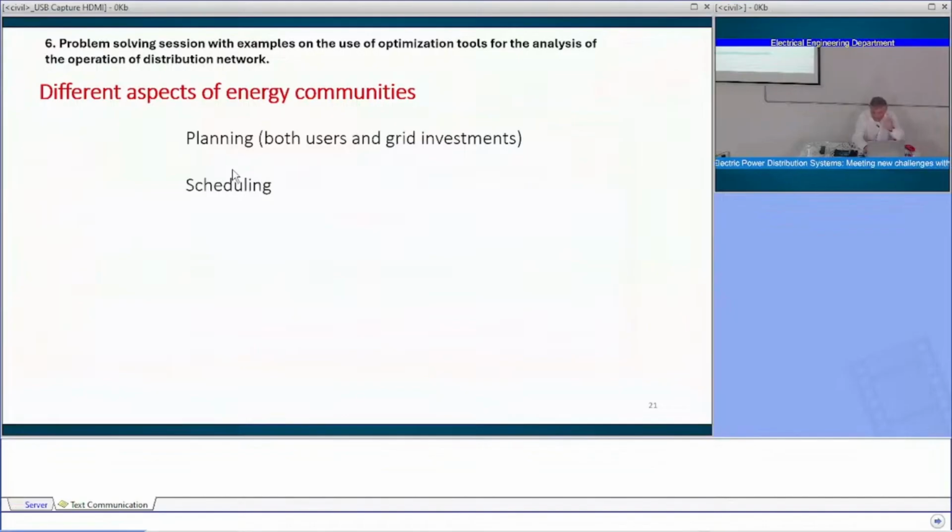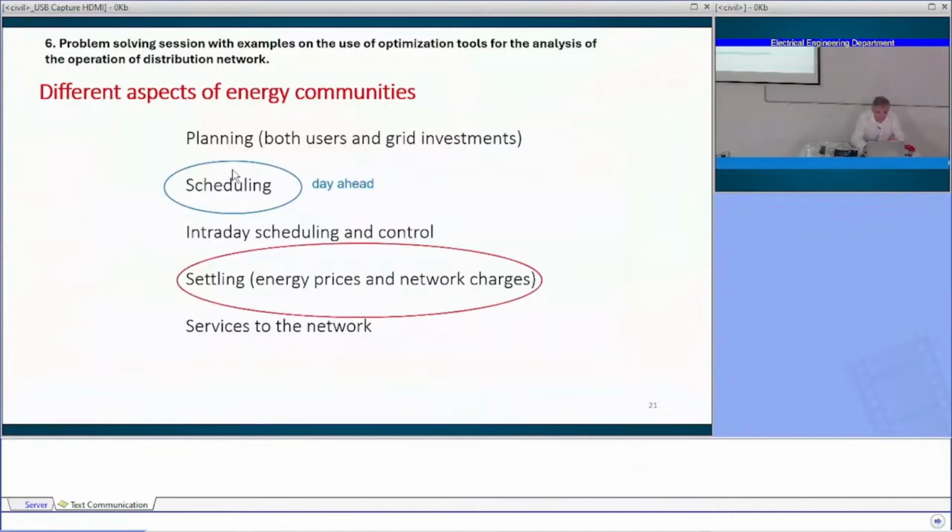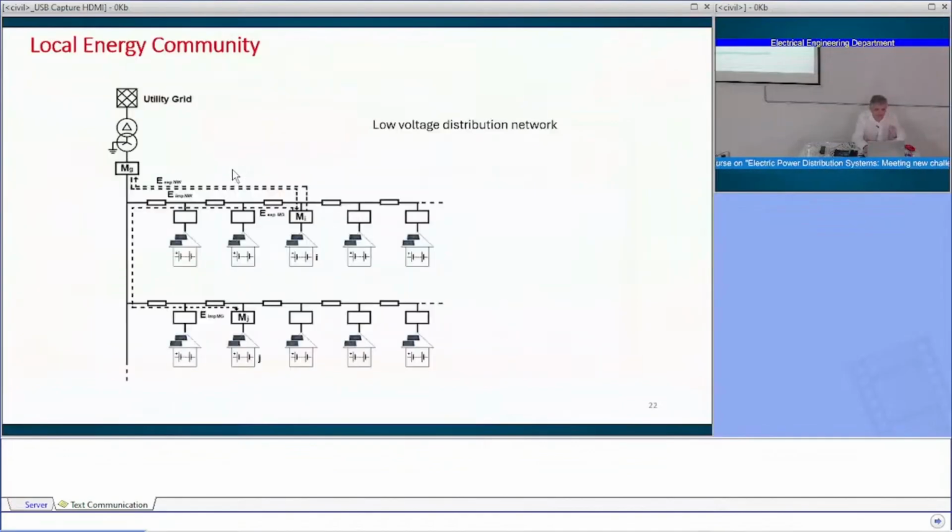And scheduling, the intraday scheduling control, also the settings of the price. And the last one is the service of the network. In this hour, I will focus on the scheduling, the day-ahead, and also on the setting of the prices and network charges.